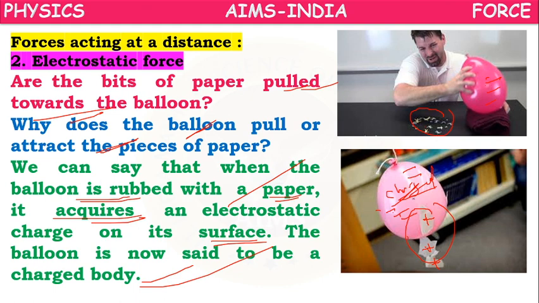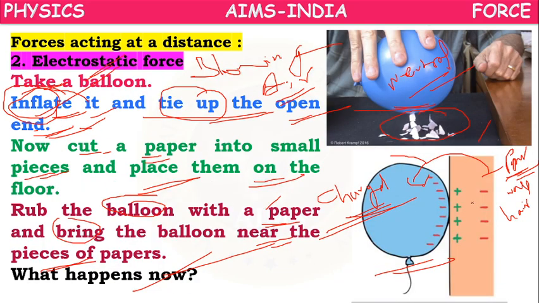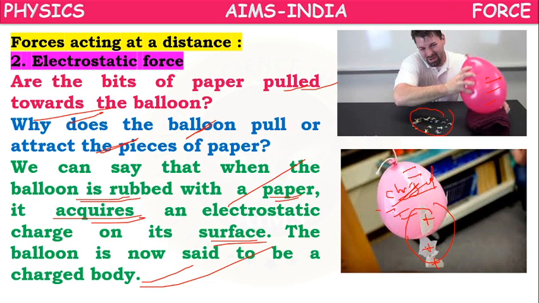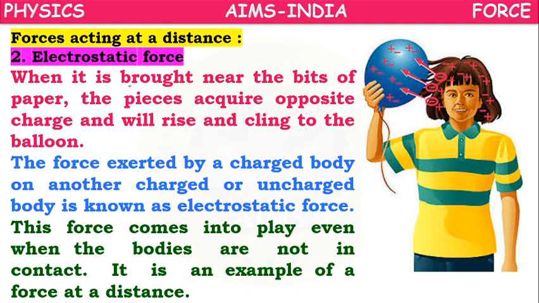The balloon is getting negative charge because of rubbing. If you bring it near the paper pieces, it will make the paper pieces get positive charge. So negative charge and positive charge both will attract. When it is brought near the bits of paper, the pieces acquire opposite charge. Means if the balloon has negative charge, paper pieces will get positive charge and cling to the balloon and get attracted to the balloon.